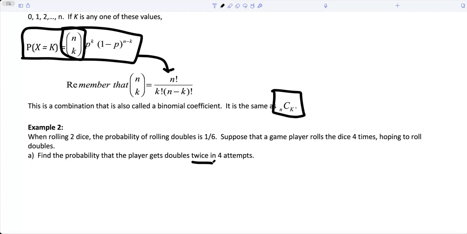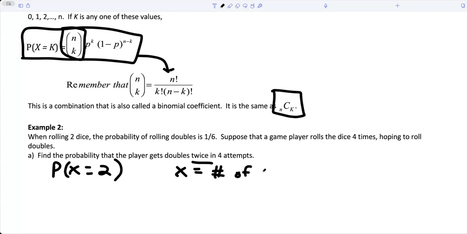So I want to find the probability that X is equal to 2. What is X? X is going to be the number, okay, and success is defined as rolling double.